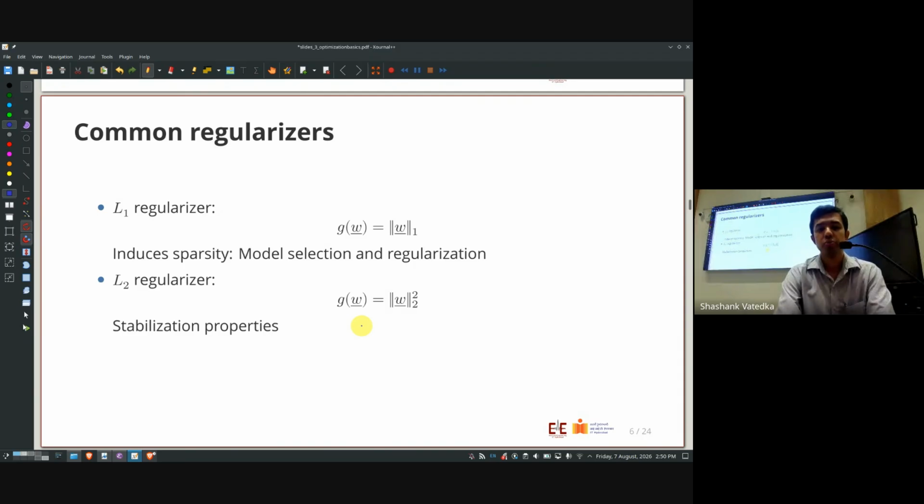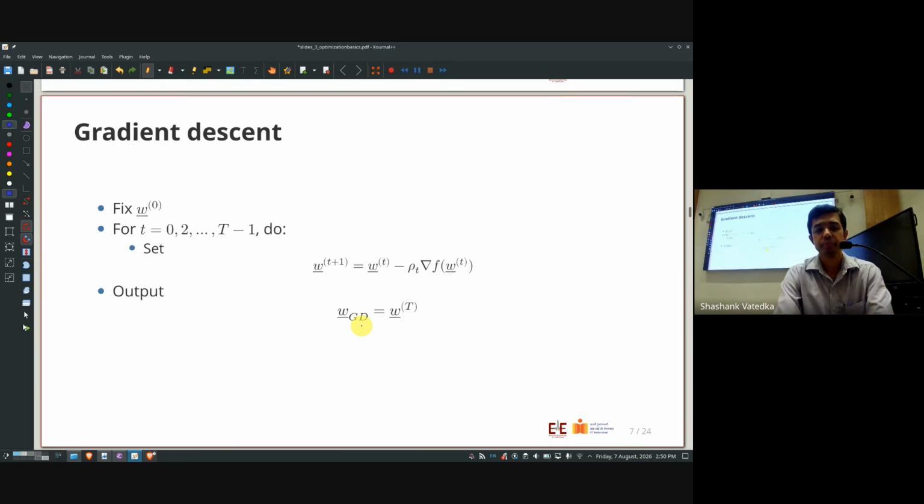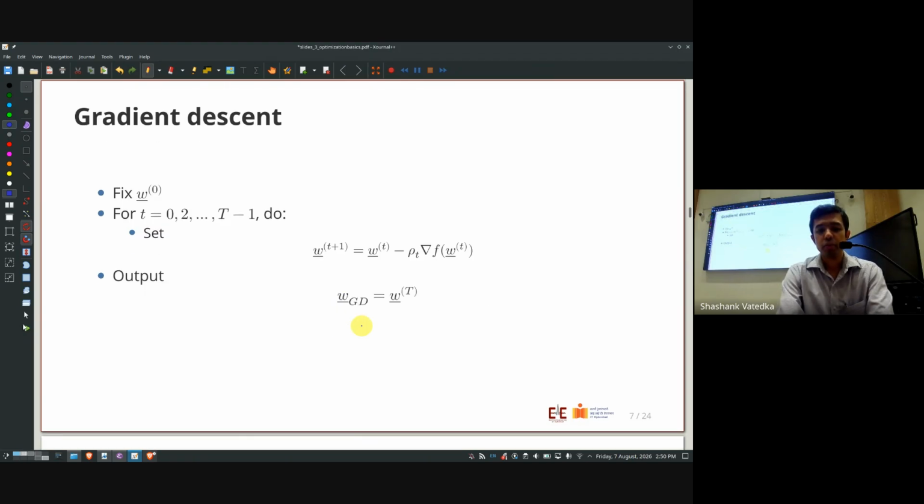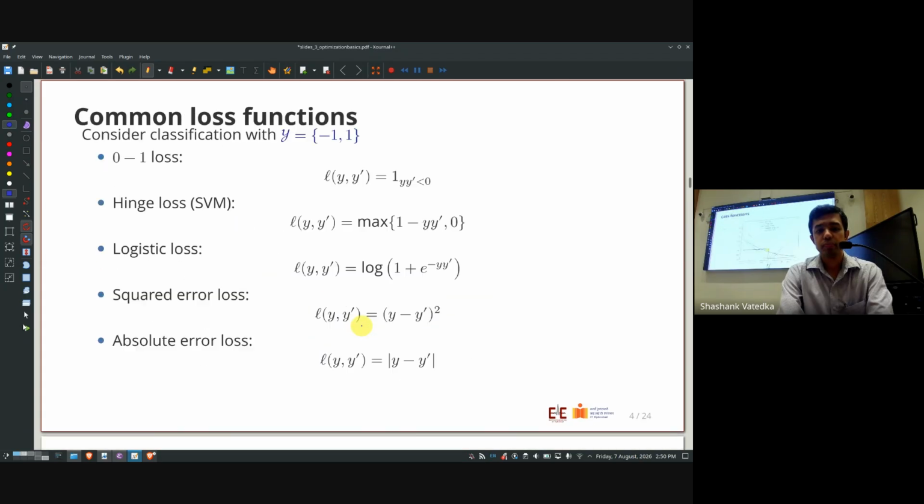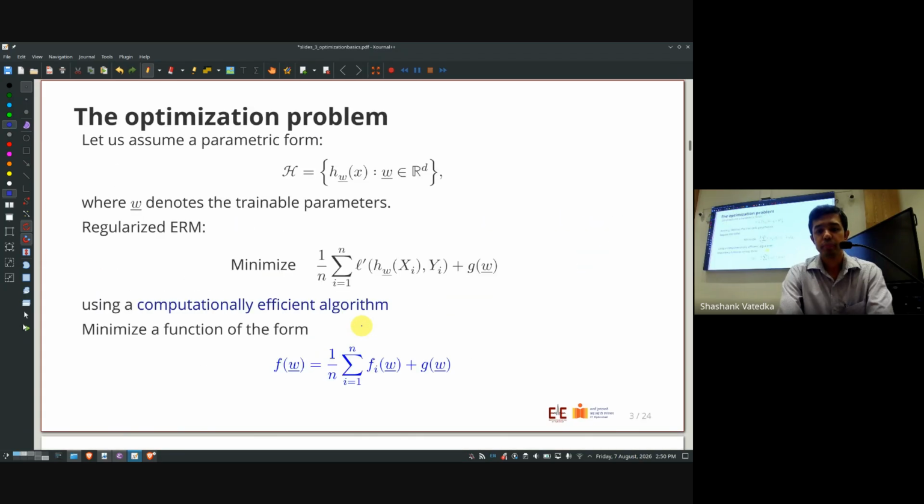Or you can also use the L2 regularizer, which, as I mentioned, has nice stabilization properties. So again, the goal now is to optimize this particular function. You want to minimize this with respect to W.